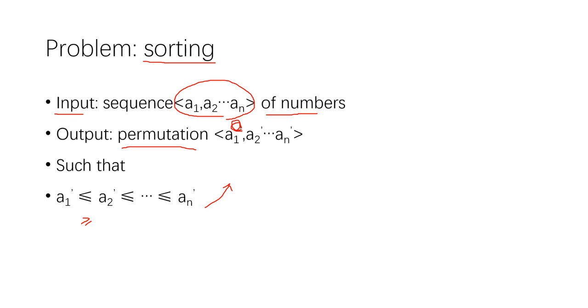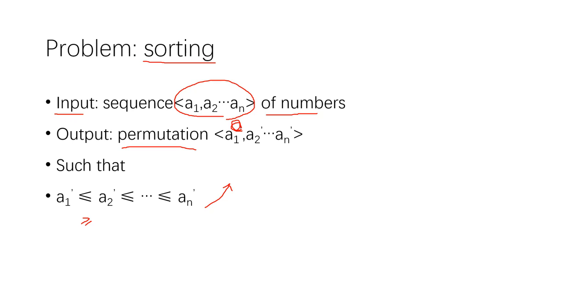So how do we solve the sorting problem? You may have learned, I guess, bubble sort in your C programming course. Each time you find the smallest or the largest number in the sequence and pull it out.